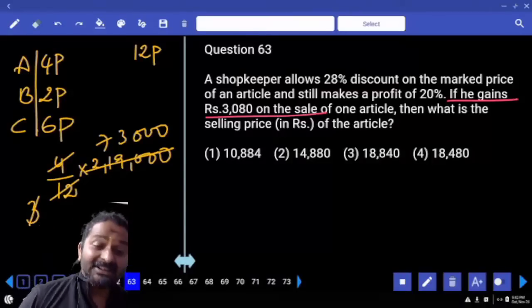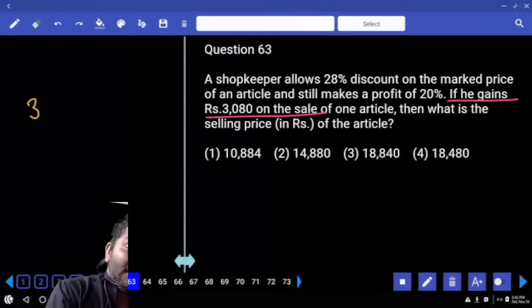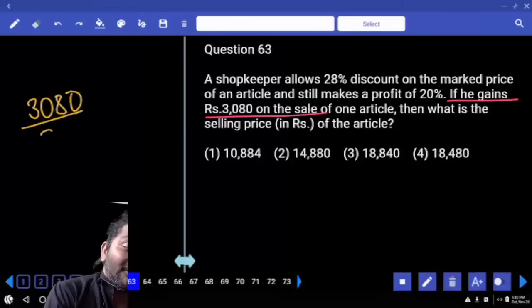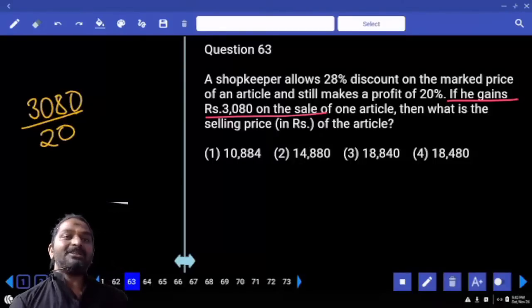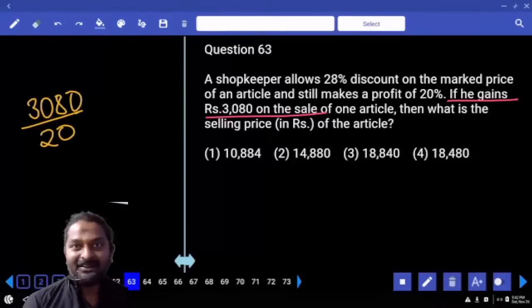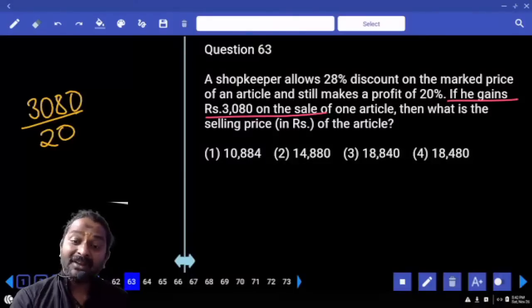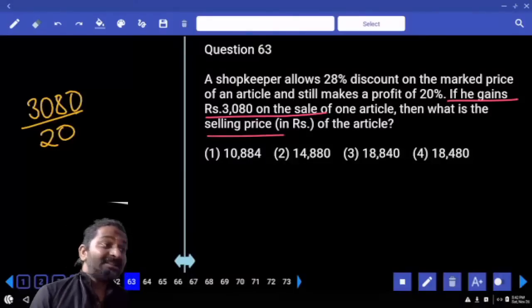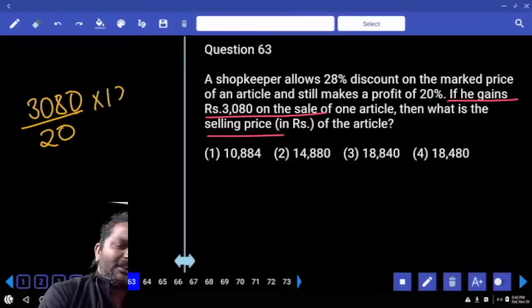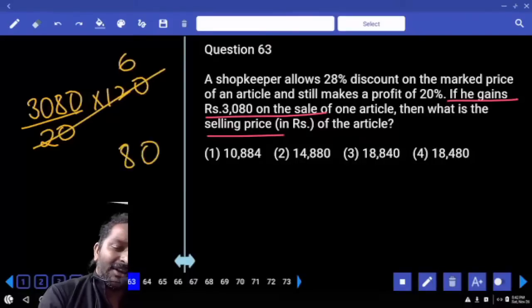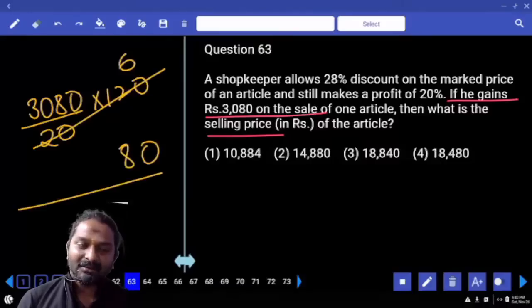In terms of percentage, which is equal to 20%, correct? 1% is equal to 3,080 by 20 only. From this, if I want to calculate cost price, I will multiply that fellow with 100. Correct? But we were asked to calculate selling price. Selling price, you said 120% into 120 only. 20, 6 times. 6 into 8, 48. Answer must end with 80.